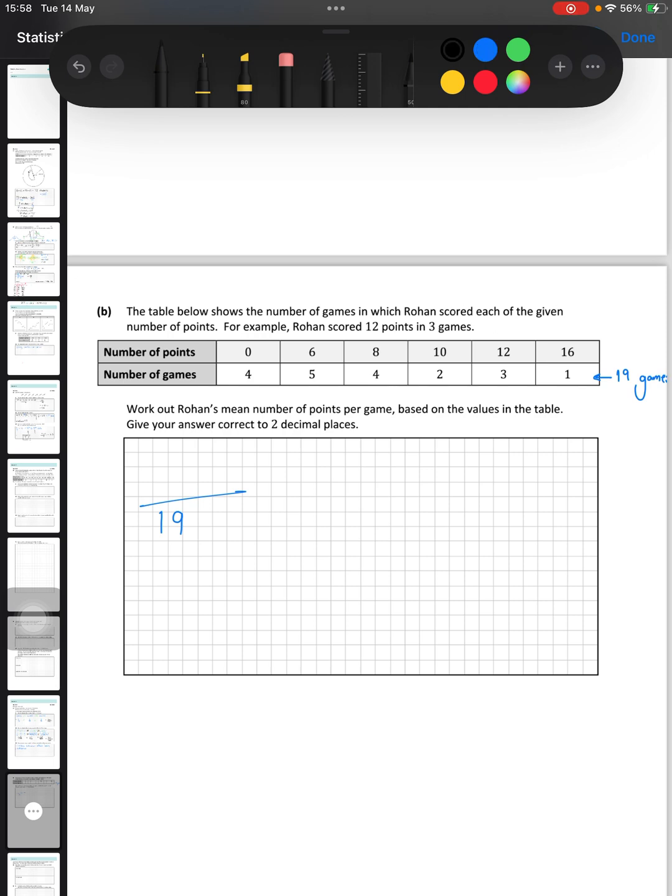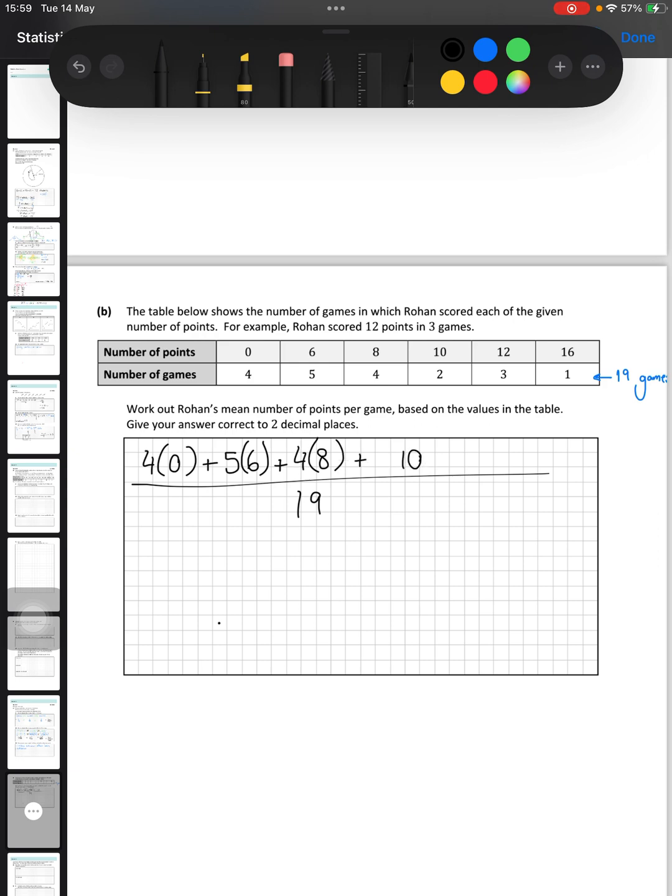Okay, so that means that I will be adding up, well, he got 0 4 times. So I could add together 0 and 0 and 0 and 0 and 0 and 6 and 6 5 times and so on. But obviously that's really time consuming, and we know what is the same as adding things together a number of times, and that is multiplication. So if I want to do this out, okay, well, I know that 0 has been counted 4 times, plus 6 has been counted 5 times, plus 8 is being counted 4 times.